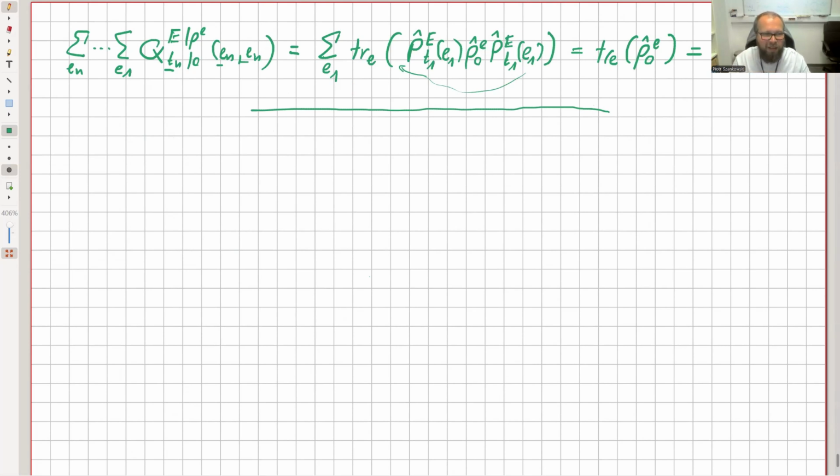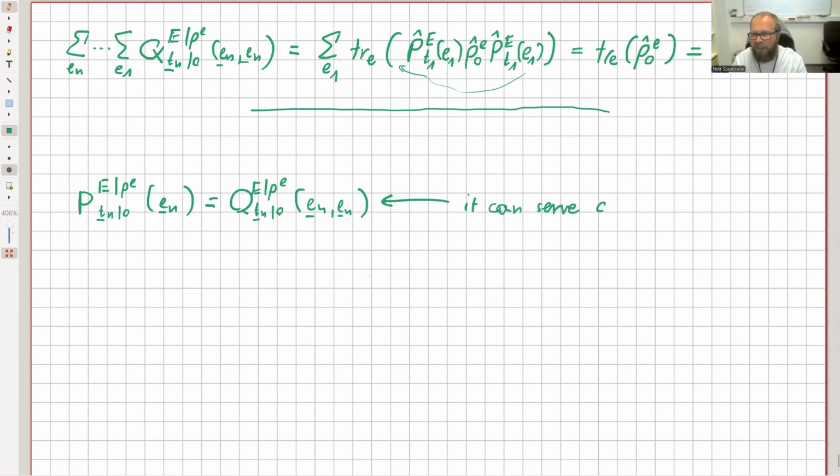In other words, this P of E, rho, Tn, En, equal to the diagonal part, can serve as a probability distribution for a stochastic, not process, not yet, but a stochastic vector.